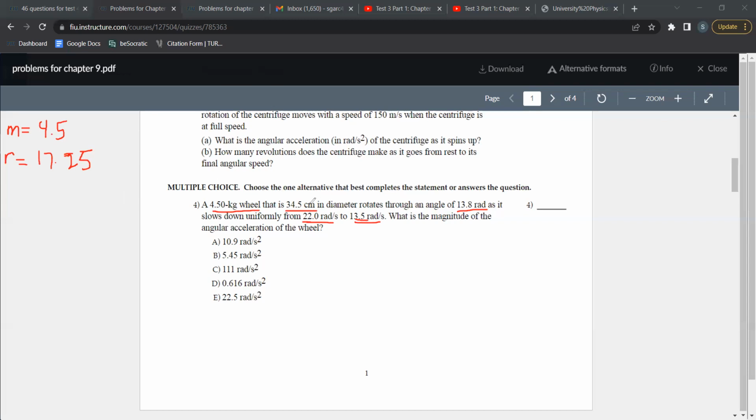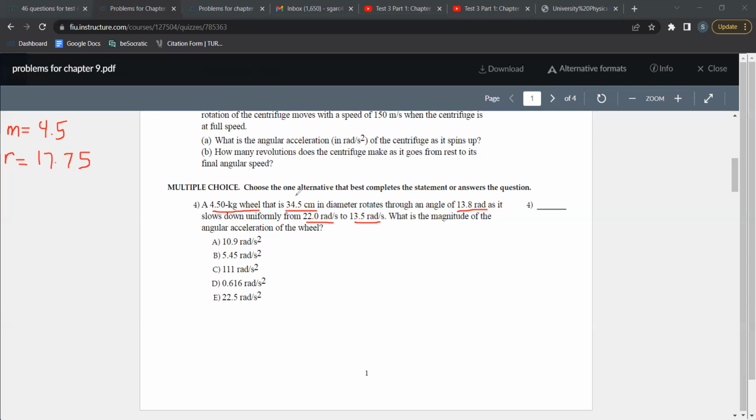I can do the math for you, but you have a calculator. I'll just check my work really quickly. I'm grabbing my calculator. So 22 plus 13.5, and then divide that by 2. Yeah, 17. I'm sorry, that's 17.75. So we'll go back. Misread.